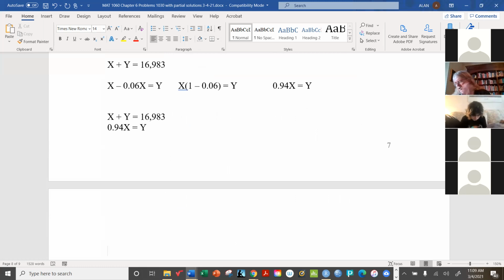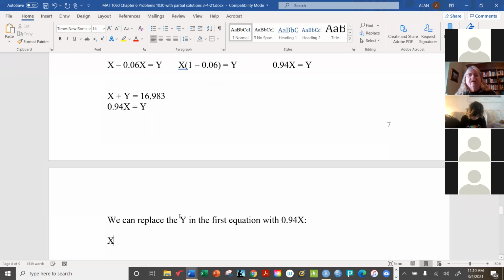So now we can easily use the method of substitution. Let's replace the Y in the first equation with 0.94X.